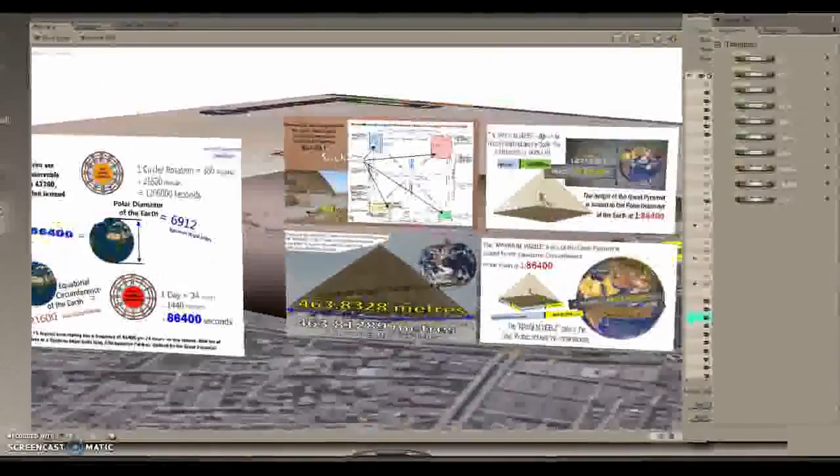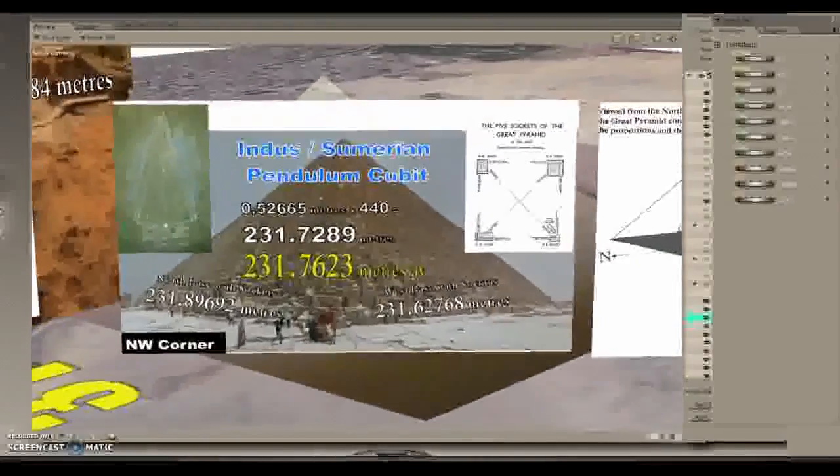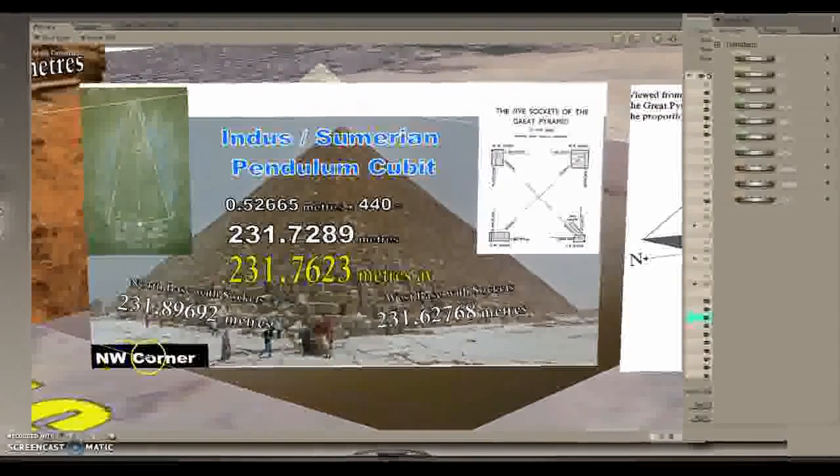And so, yeah, just to recap, because in the last video I kept saying by accident that it was the northeast corner that represents the Indus cubit.